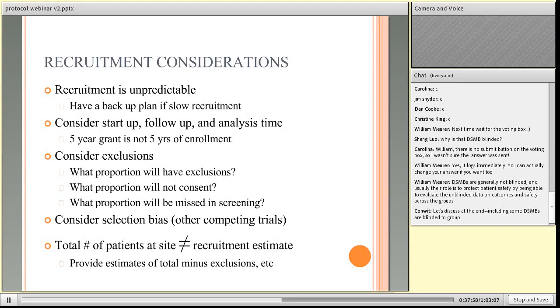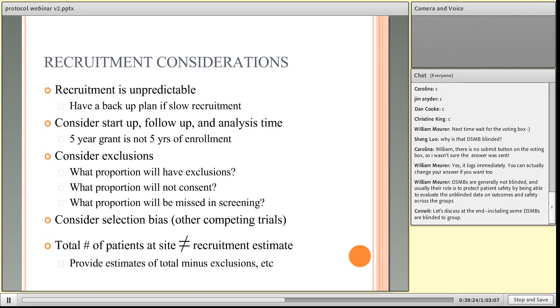Exclusions, we've talked a little bit about this, but as you develop your plan for recruitment, I strongly recommend that you literally go through each of your exclusions and figure out what proportion of your population is going to be affected by that exclusion. So again, for me as a stroke guy, what proportion of the stroke patients that come to my institution actually get here after 12 hours?